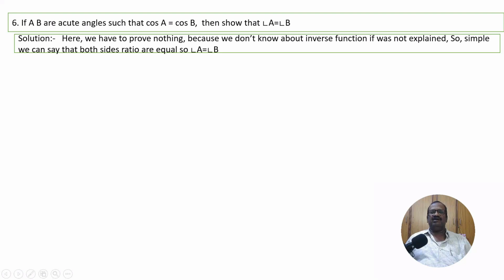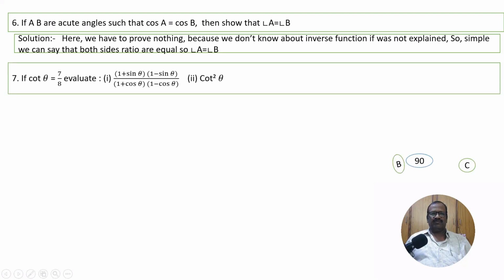So simply we can say that cos A is equal to cos B. Whenever the ratios cos and cos are equal, automatically angle A will become angle B. So there is nothing to prove.